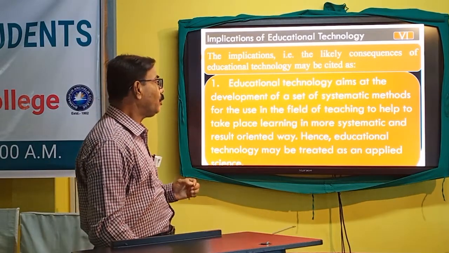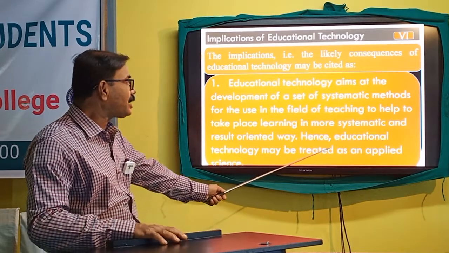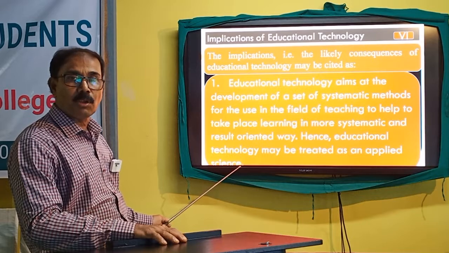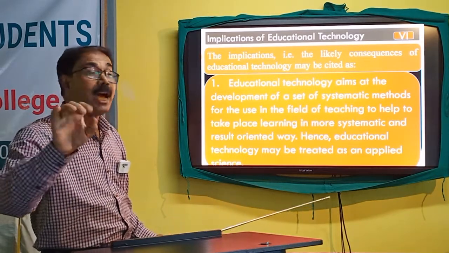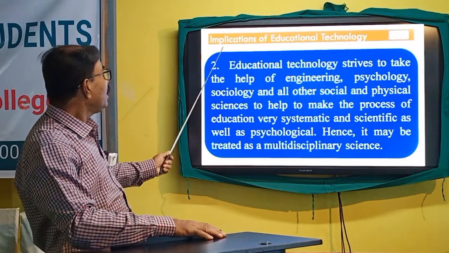Hence, educational technology may be treated as an applied branch of science. Let us see the next point.